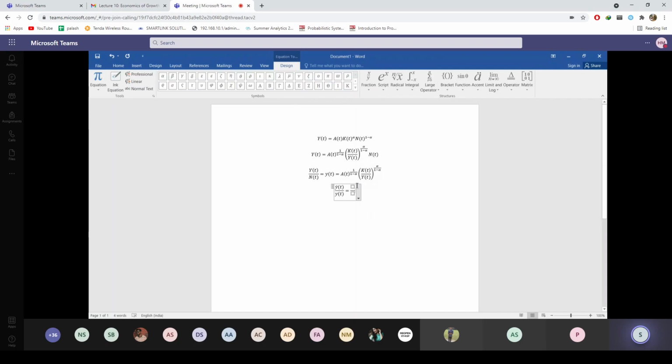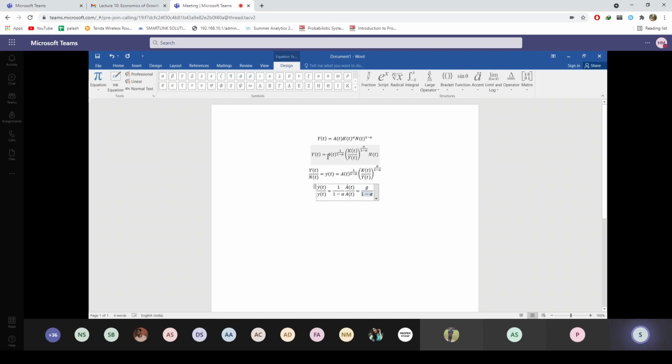So in the long run, the per capita output is growing at this rate. Then what is the rate of growth of physical output? It is this highlighted part.